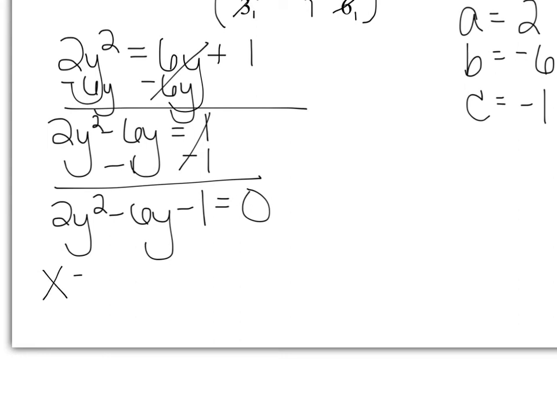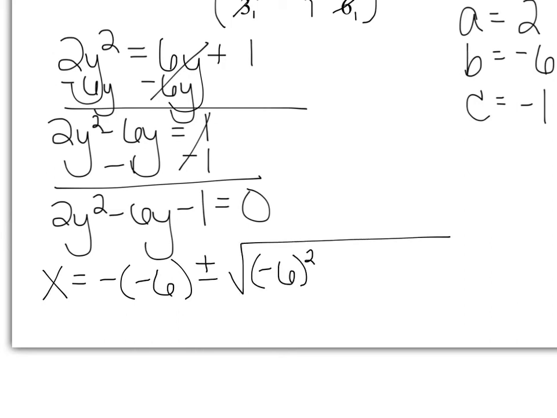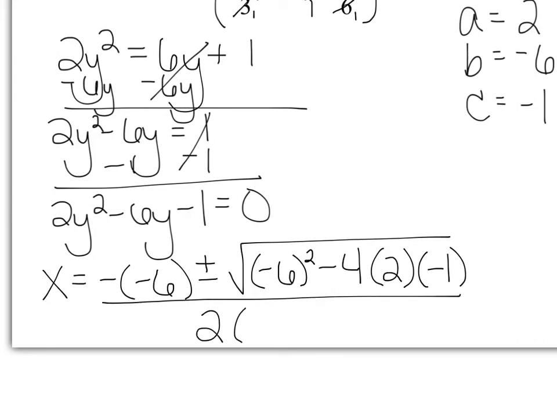So I'm going to say x equals negative b, so it's negative 6 plus or minus the square root of b squared, so negative 6 squared, minus 4ac, so times 2 times negative 1, all over 2a, which in this case is 2 times 2.